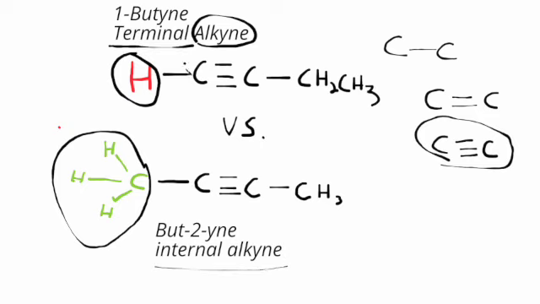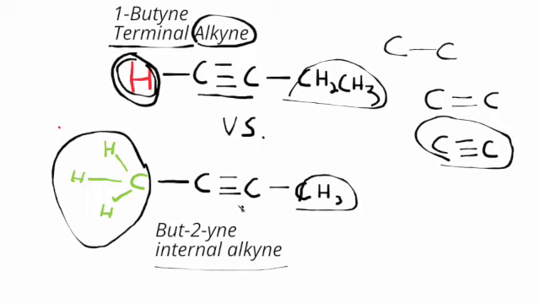If we look at this carbon-carbon triple bond right here, we'll see that on one side it has an R group, and on the other side it has a hydrogen. If we go down to this one, here's our carbon-carbon triple bond. One side we have an R group, other side another R group. Methyl group here, right?